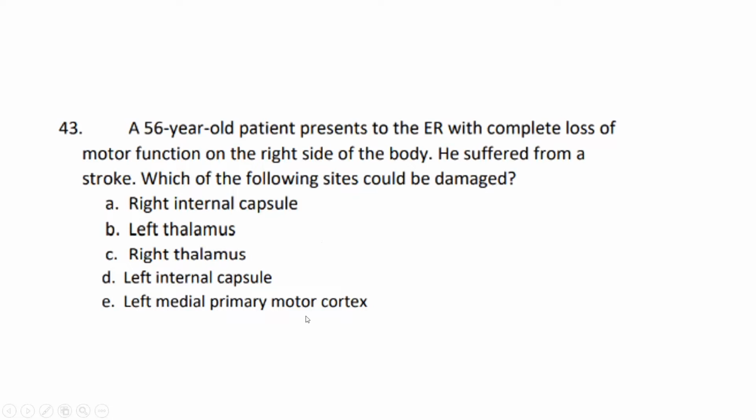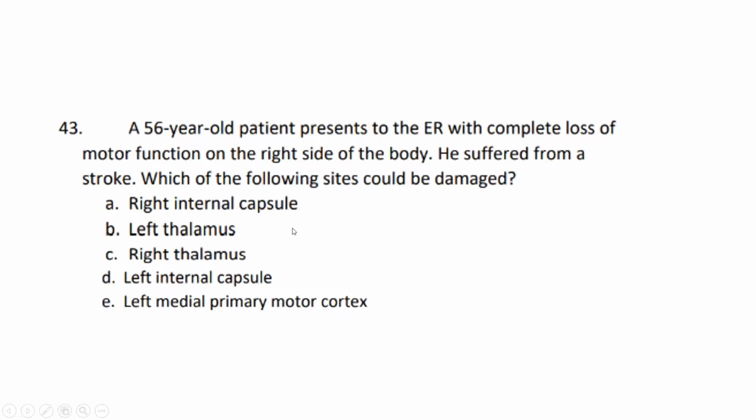The medial primary motor cortex is a very, very specific location to mention in the brain. And so you would only get a loss of motor function just to the legs. Okay? And so that leaves us with the internal capsule, which is where you're going to get a complete loss of motor function.